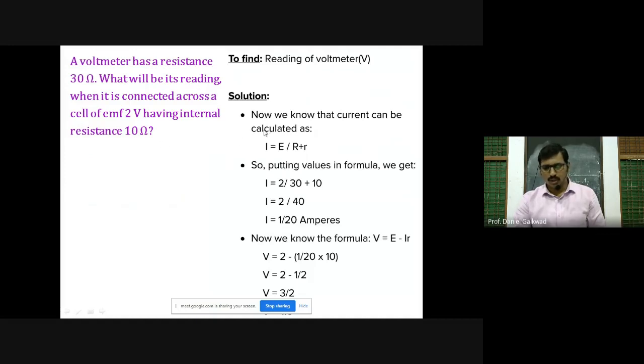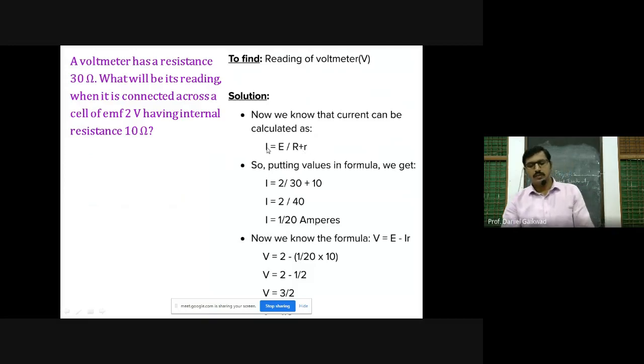So what we have given, check carefully. We have to find the reading of the voltmeter. The voltmeter is connected to a cell having EMF 2 and internal resistance 10. Now if we connect the voltmeter to a cell of EMF 2 volt, then the total current I is equal to E divided by (R plus r).